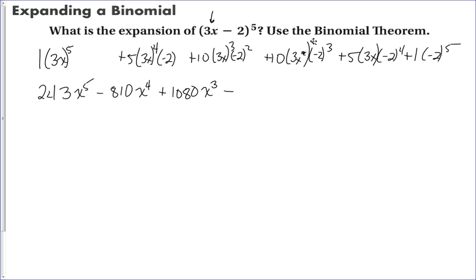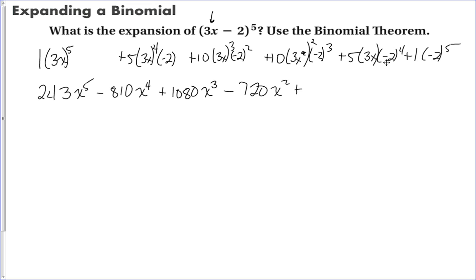So 3 squared is 9. 9 times 10 is 90. Negative 2 cubed is negative 8. And 90 times negative 8 comes out to negative 720. And of course we have x squared. And then plus, because negative 2 raised to the fourth will give us a positive number.